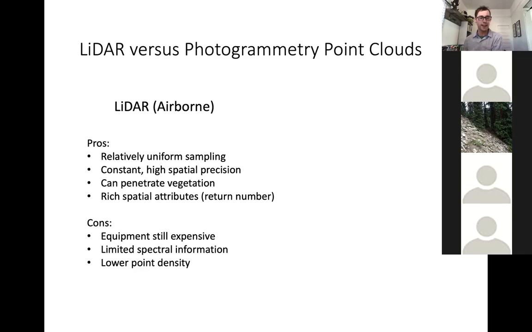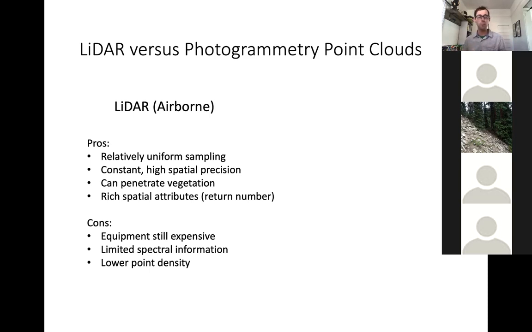The other thing that's, I think, a limitation of LiDAR is that you don't get much spectral information about each point. Because lasers by definition emit light at a single wavelength, you're only getting information on that single wavelength back. Whereas some of the photogrammetry methods allow us to get more spectral information.